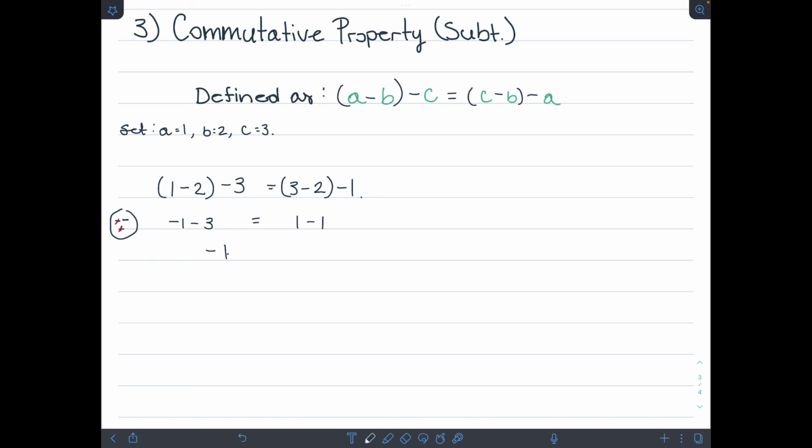What do we get? Negative 4 is equal to 0. Are they really equal to each other? Nope, not at all. So once again, not true. And once more, order matters. And that's it.